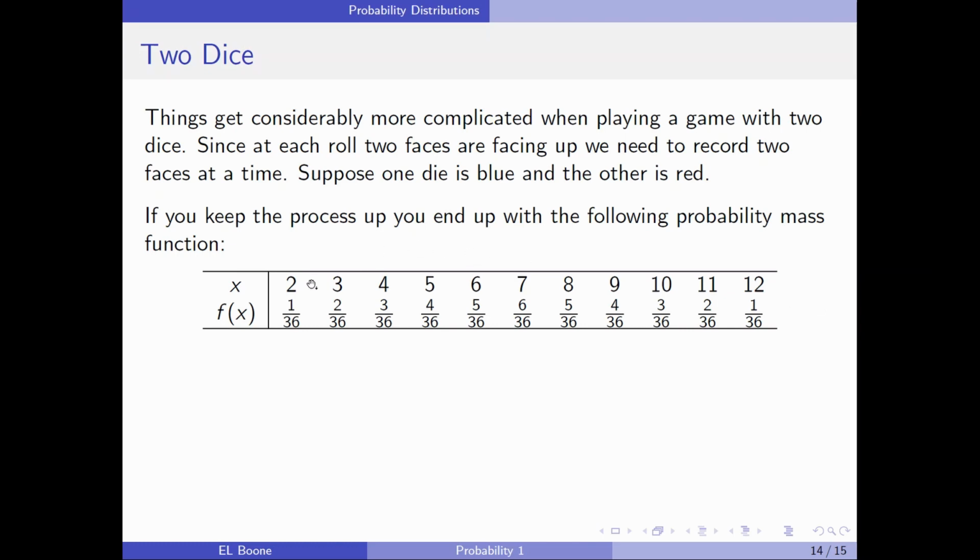This is what you end up with: 2 is 1/36, 3 is 2/36, 4 is 3/36, 5 is 4/36, 6 is 5/36, 7 is 6/36, and then you work your way back down. Here's the value of x, and here's the probability of it. In many of these cases, we will be able to define x and have a nice formula for f of x.